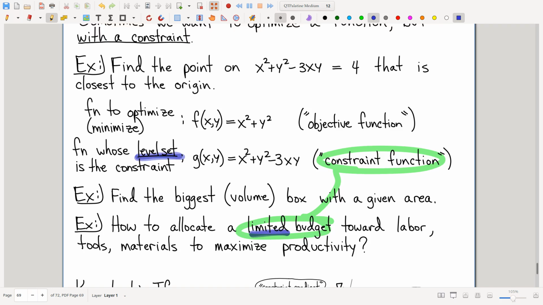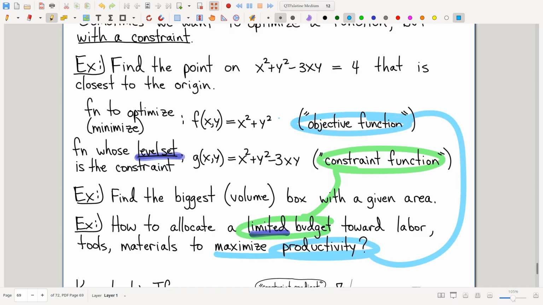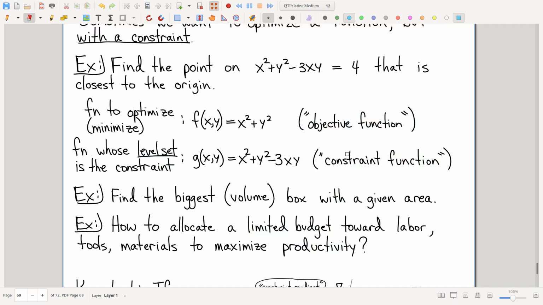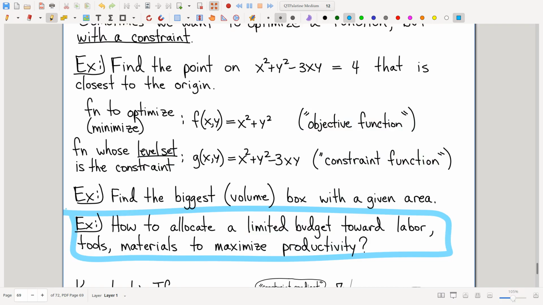And what I want to maximize is productivity, so that'll be our objective. So again, a pretty natural, very real world example, nothing abstruse about it. You start a small business, you're going to have a limited budget. There's ugly reality for you. And, of course, you want, very often anyway, to maximize your productivity. So, very natural question.